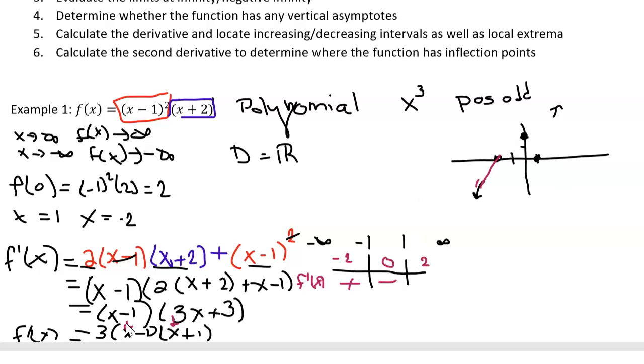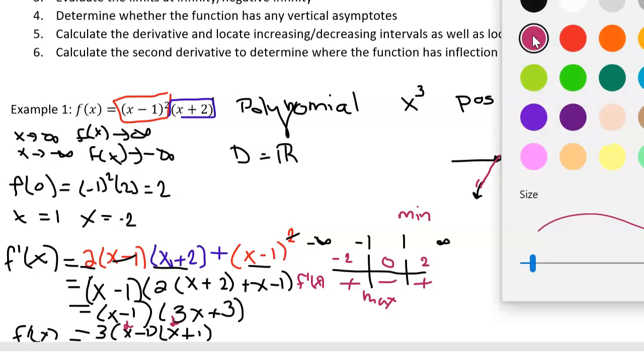And then finally, if I plug in 2, I get a positive times a positive, which tells me that after this point at 1, and since I have this point at 1, I feel fairly confident that I can increase from there. So this leaves me with the question: I know that there's a max at -1, and I know that 1 is a minimum, but I don't know where this maximum is.